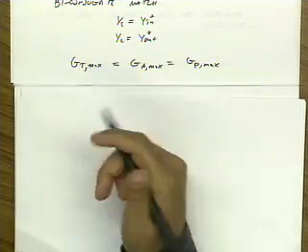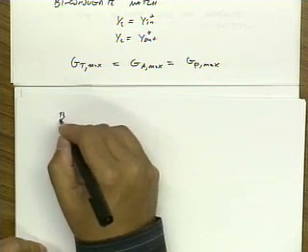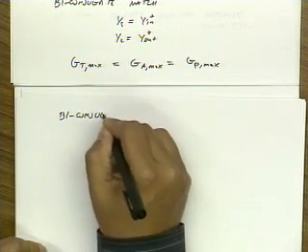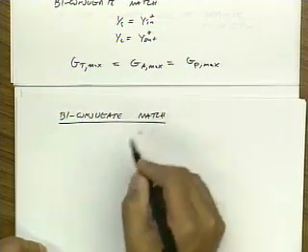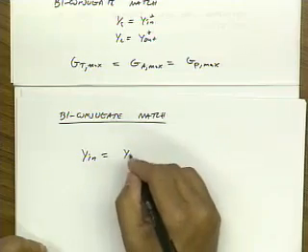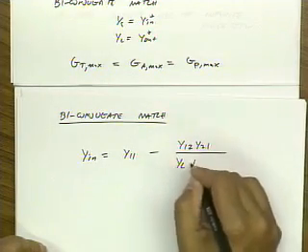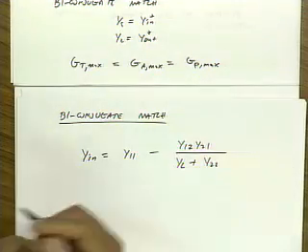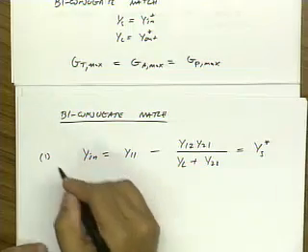Now, there are several recipes for a biconjugate match, several ways of going about calculating this. The most straightforward approach is to say, I know what Yin is for a two-port. It's Y11 minus Y12 Y21 divided by YL plus Y22, and I simply set that equal to YS star. This is our first equation.